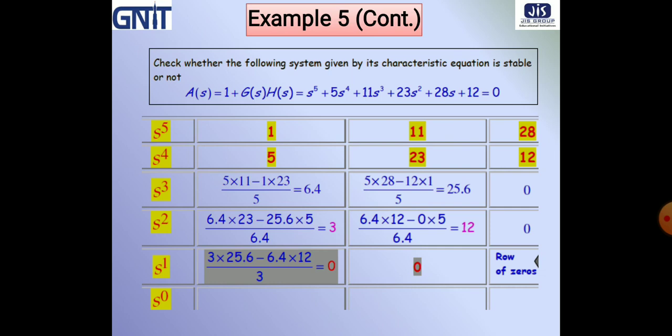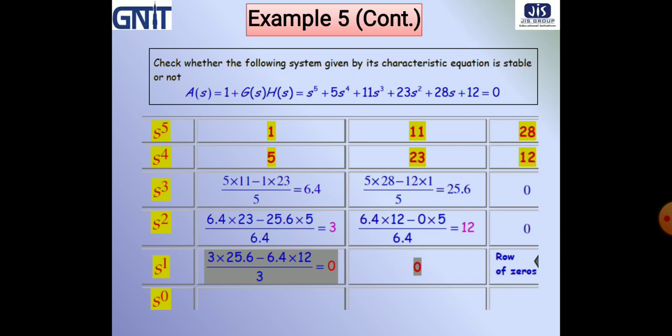The coefficient of s to the power 5 is 1, that's why 1 is here, and 11 is the coefficient of s cube, so 11 is here, and 28 is the coefficient of s to the power 1, that's why 28 is written here.